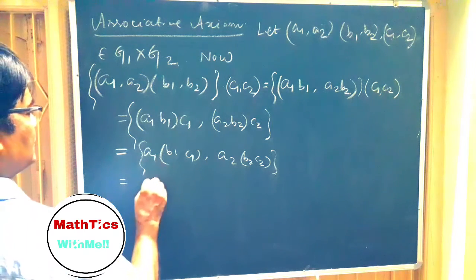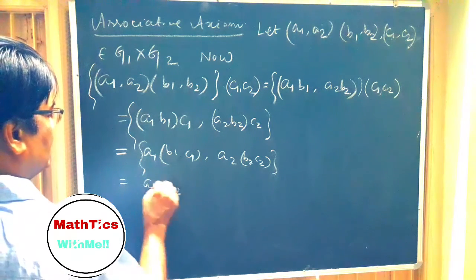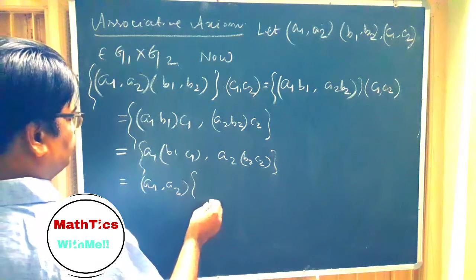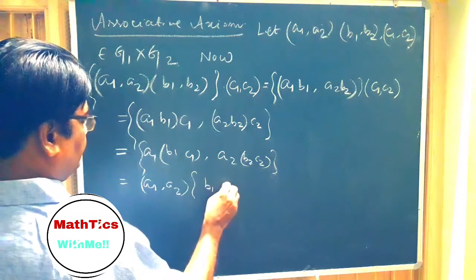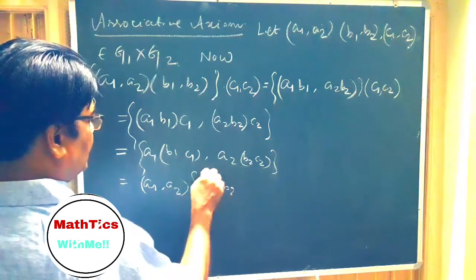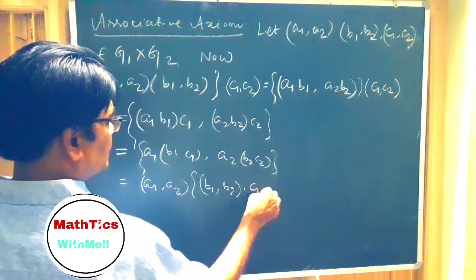This equals (a1 (b1 c1), a2 (b2 c2)), which equals (a1, a2)[(b1, b2)(c1, c2)].